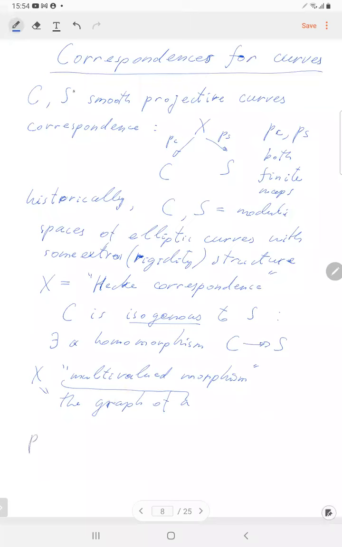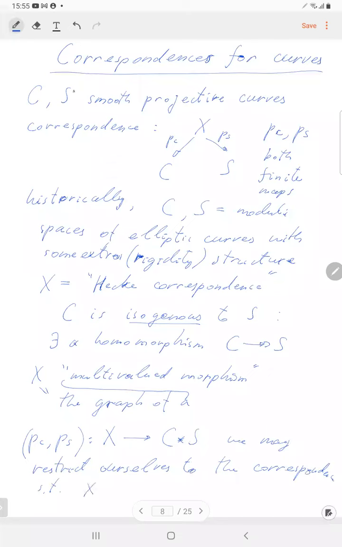We certainly obtain the morphisms PC and PS from X to the product C times S, and we may restrict ourselves to the correspondences such that X embeds into C times S, and so X is, say, a smooth, well, it's not necessary, divisor, and then we can consider the invertible sheaf O of C times S of X.